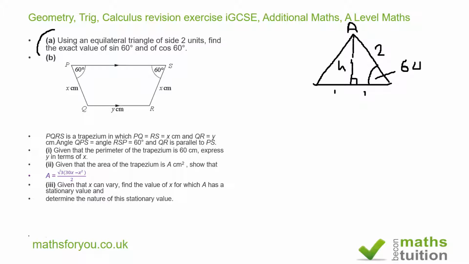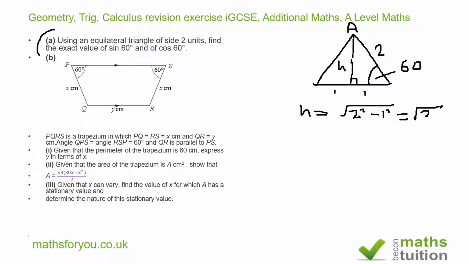Okay. Now, firstly, we need to find the value of H. Now, H is equal to the square root of 2 squared minus 1 squared. And the answer we get is that H is equal to the square root of 3.